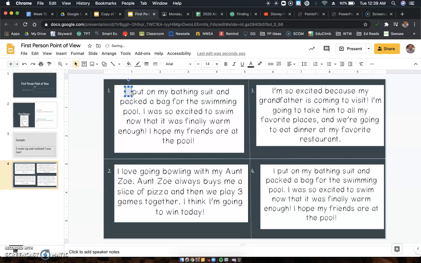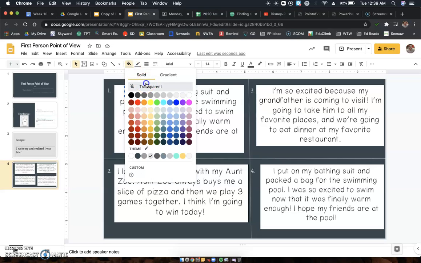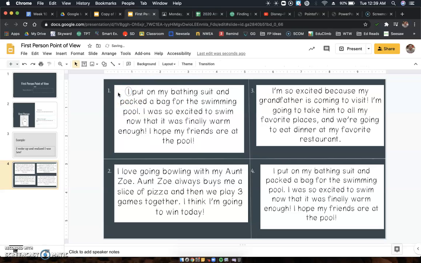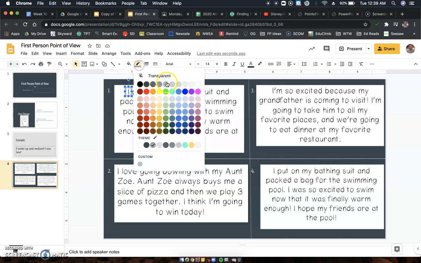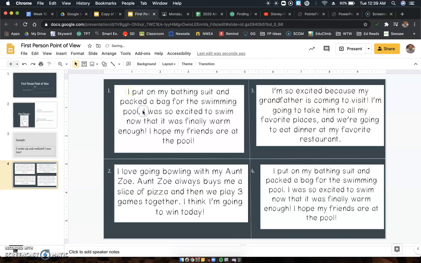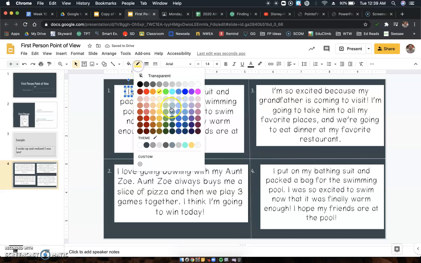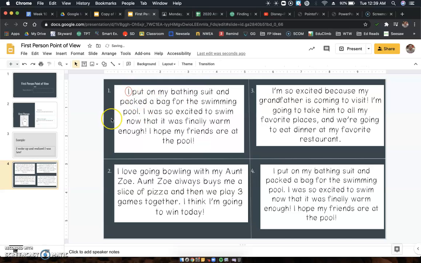If you notice, it blacks out the inside so you can't see it. If you go up here to fill color, I'm going to do transparent. That way you can see the circle. If you want to change the outline, you can go to border color. It needs to be a different color. Maybe bright red. It makes it pop.